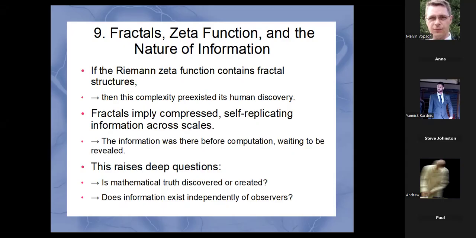Only because we can't see these fractal structures before we compute them doesn't mean that the information doesn't exist. And this raises deep questions. For example, is mathematical truth discovered or created, or does information exist independently of observers?